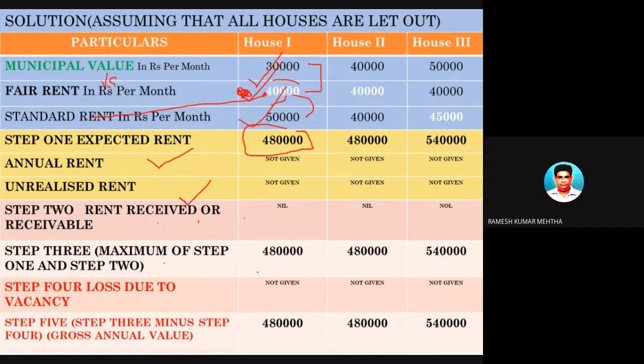Unrealized rent also is not given. So step two is not applicable. Automatically step one versus step two, whichever is highest, is 4,80,000 rupees. There is no data about loss due to vacancy, so it is assumed to be nil. So 4,80,000 minus 0 is 4,80,000.